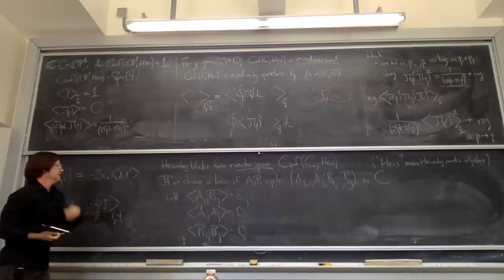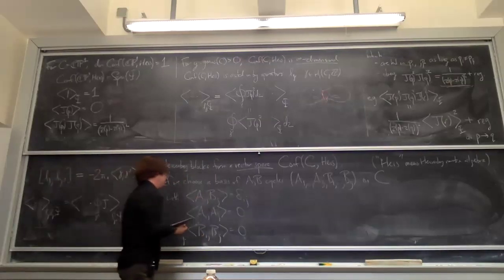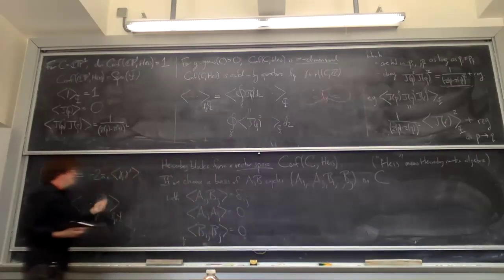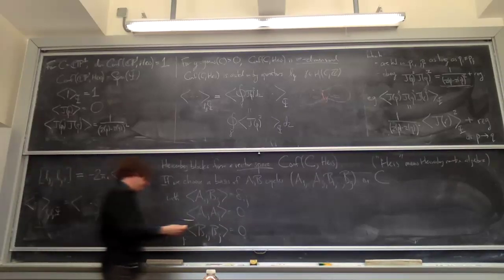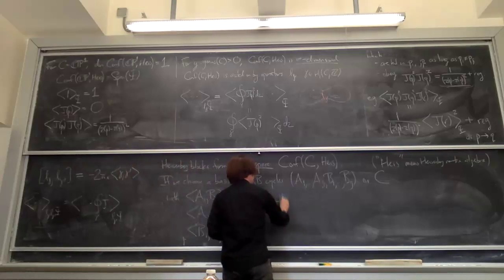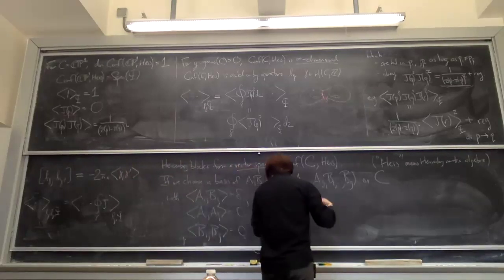So because the A cycles have zero intersection, we could try to diagonalize all the operators associated to the A cycles. And sure enough, then we can explicitly construct them.